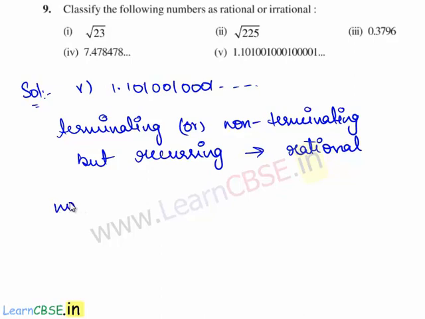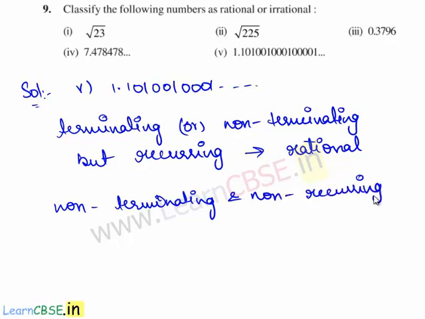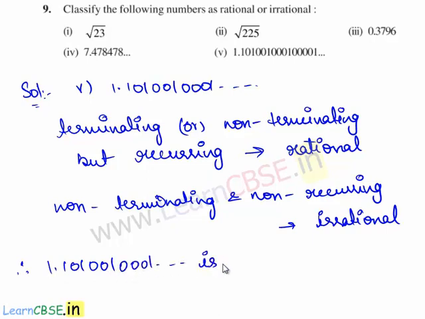Whereas a number whose decimal expansion is non-terminating and non-recurring is an irrational number. In the given decimal expansion, the decimal is non-terminating and also the digits are not repeating. Therefore, this comes under non-terminating and non-recurring. Therefore, 1.101, 001, 0001 and so on is an irrational number.